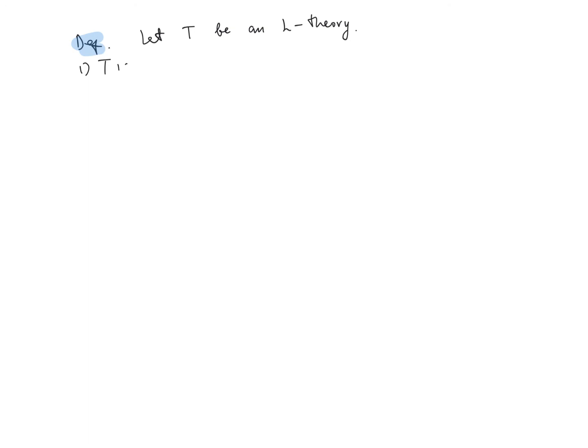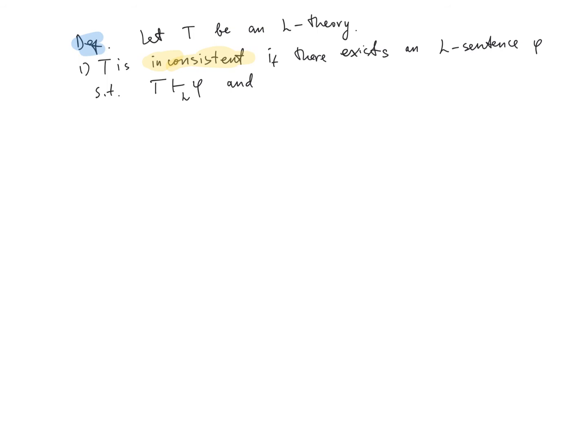We will say that T is inconsistent if there exists an L sentence phi such that both phi is provable from T and the negation of phi is provable from T. We will say that T is consistent if it is not inconsistent.